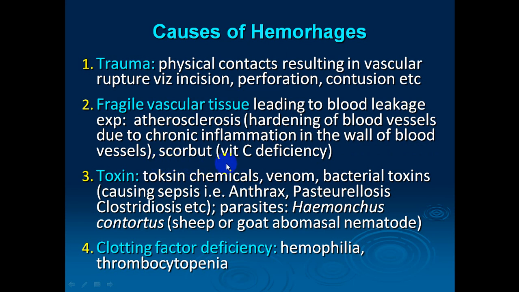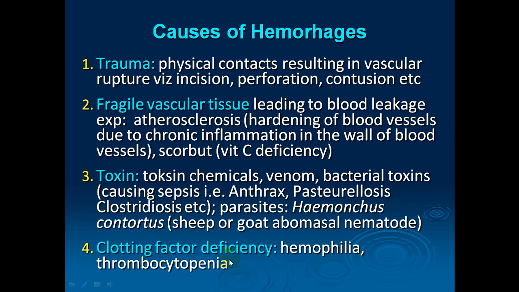Or hemorrhages due to vitamin C deficiency. Vitamin C forms the collagenous tissue in the blood vessels. Less vitamin C means less collagenous tissue, which means the blood vessel wall will be more fragile and easy to break. And then toxins. There are chemical toxins, venom, and bacterial toxins that can cause hemorrhages, or even nematodes like Haemonchus contortus causing hemorrhages in the abomasum of a sheep or goat.